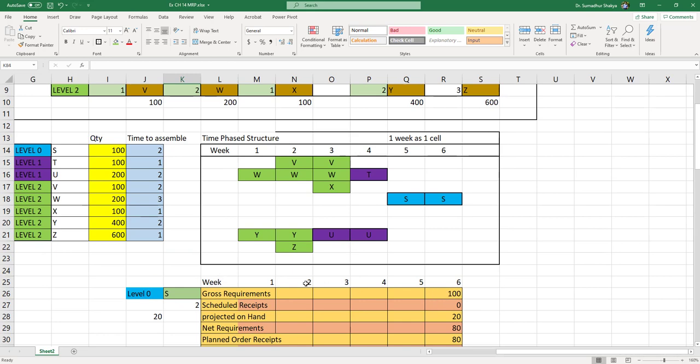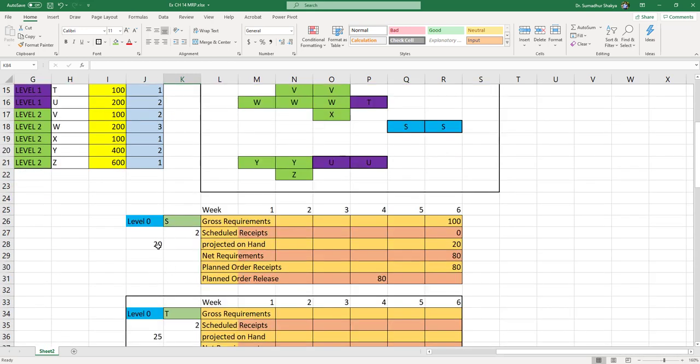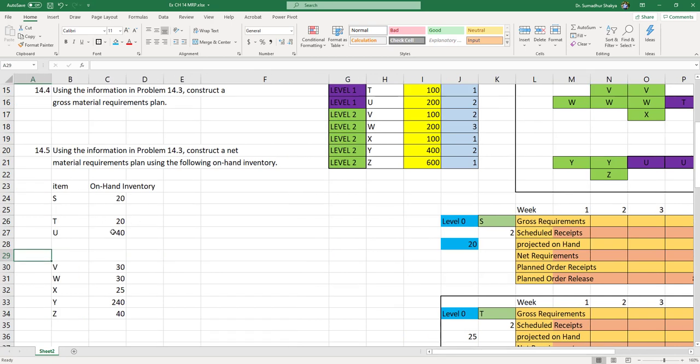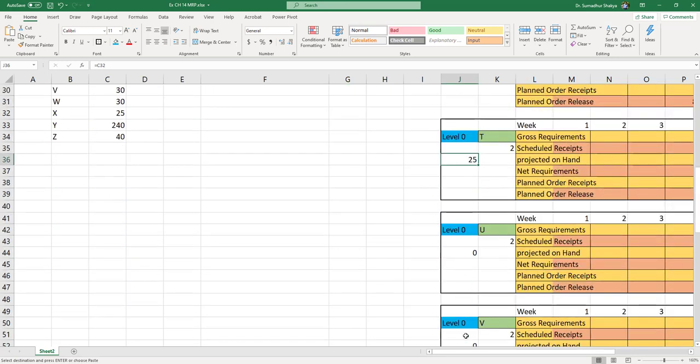Projected on hand also needs to be changed for each of them. So let's say this is also given to me in this question. So this is equal to this. Let me bring this STU, I should have done that before.